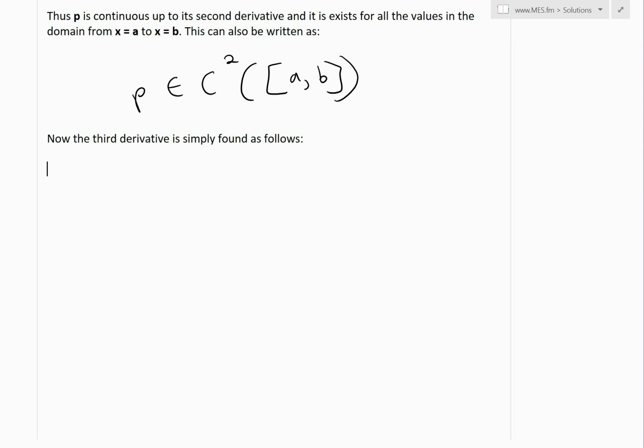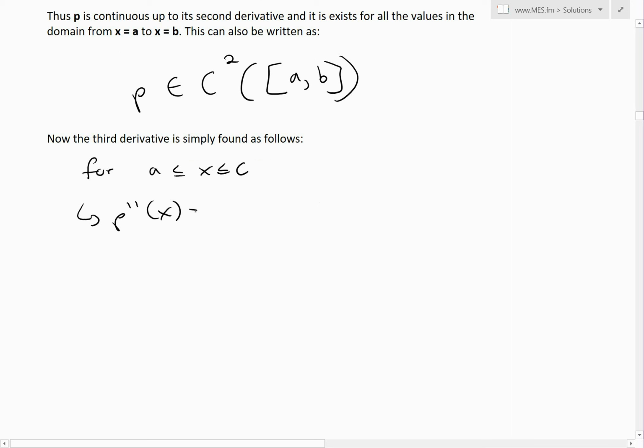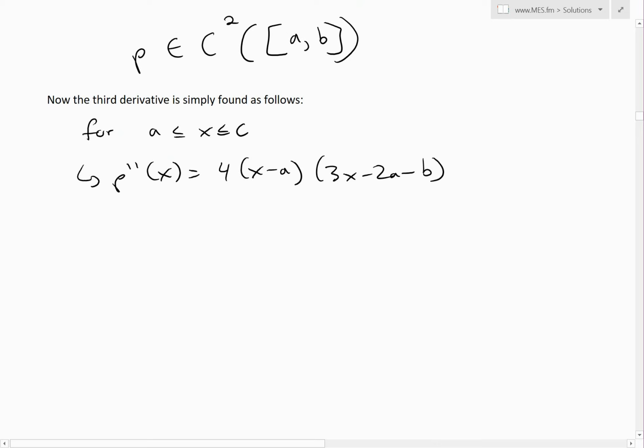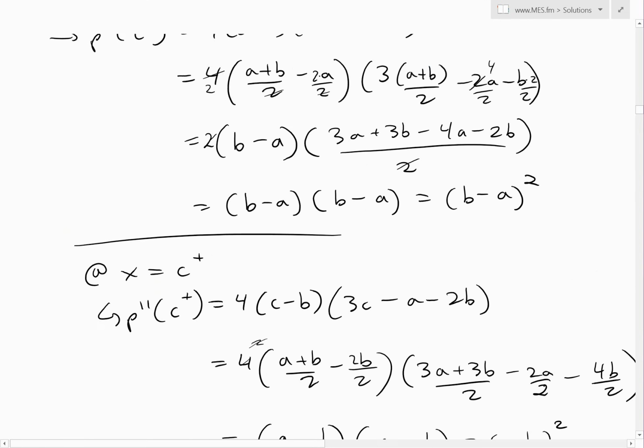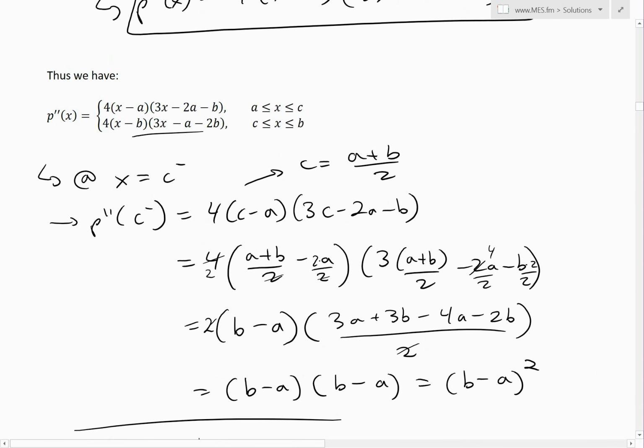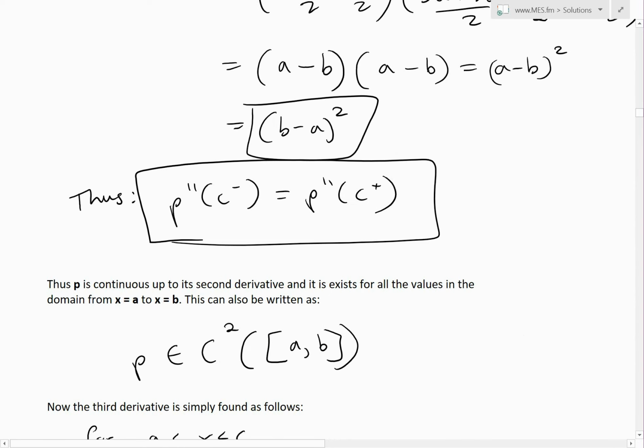And now the third derivative is simply found as, well, for the first case, a is less than x less than c, and, well, first we know that the second derivative is equal to 4(x minus a)(3x minus 2a minus b). So let's just go back up, that's just this one, 3x minus 2a minus b, so there's the 4 in front.